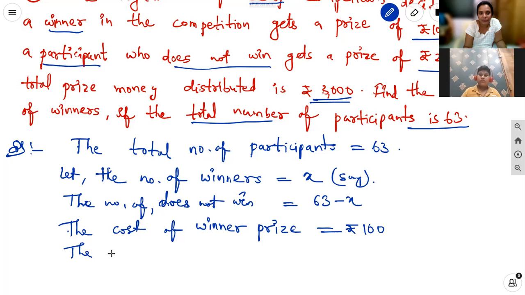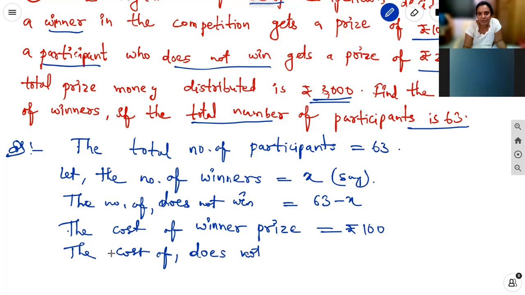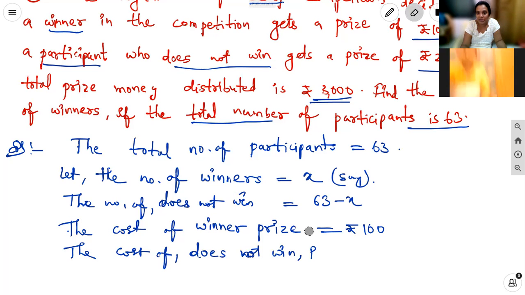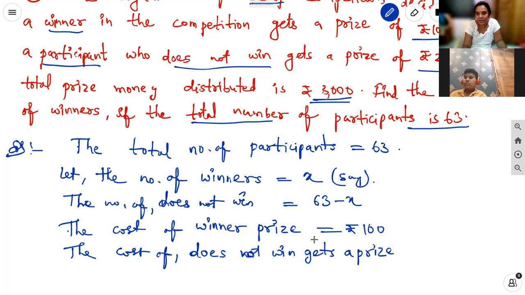The cost for those who do not win, but also get a prize, is 25 rupees.